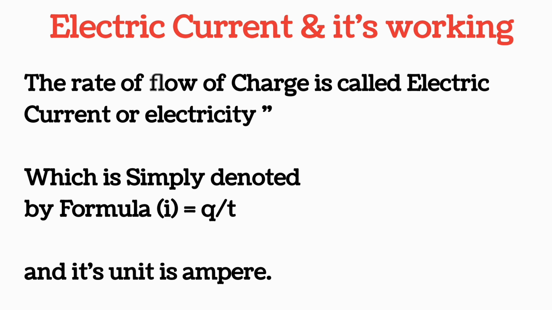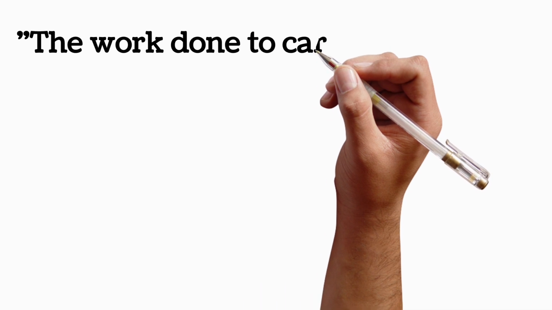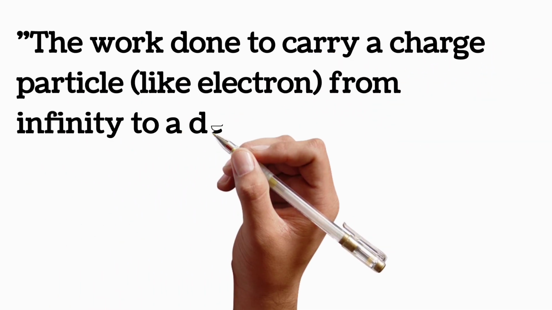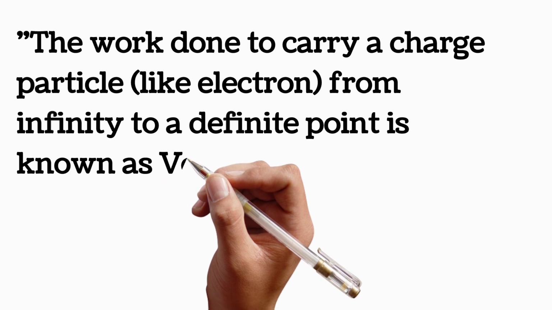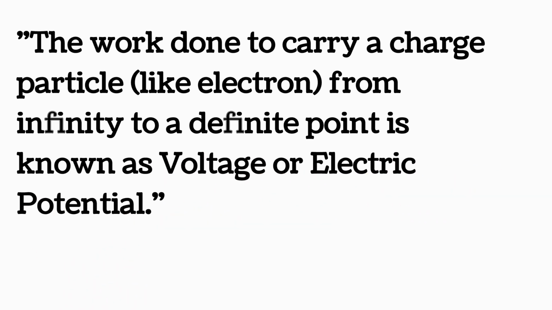Now let's talk about the concept of voltage. What does voltage mean? How does voltage work? The work done to carry a charged particle like an electron from infinity to a definite point is known as voltage or electric potential.